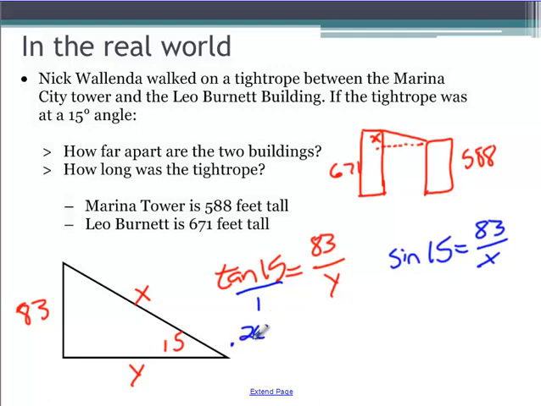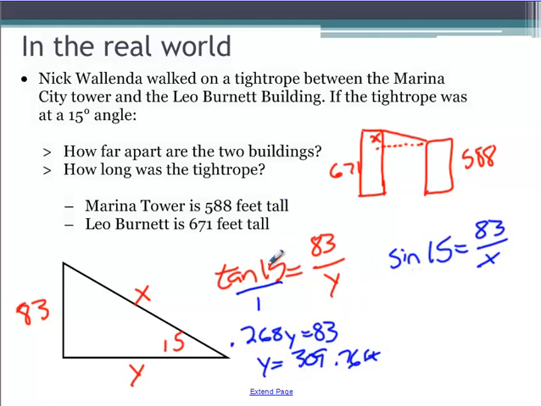So 0.268y equals 83. And I'm going to take 83 and divide by that number. And I get that y, the distance between the two buildings, is 309.76 feet, and this was across the Chicago River, so 300 feet does make sense.